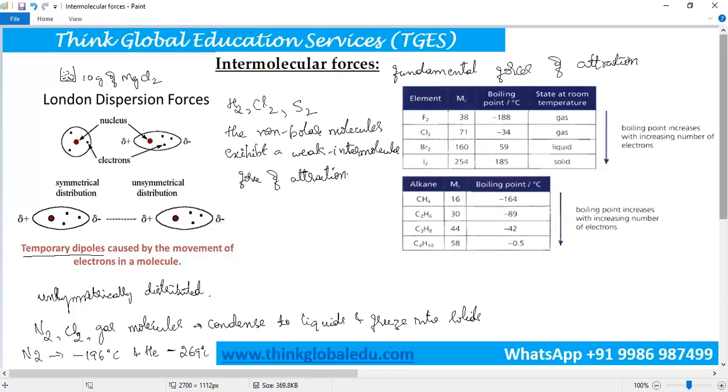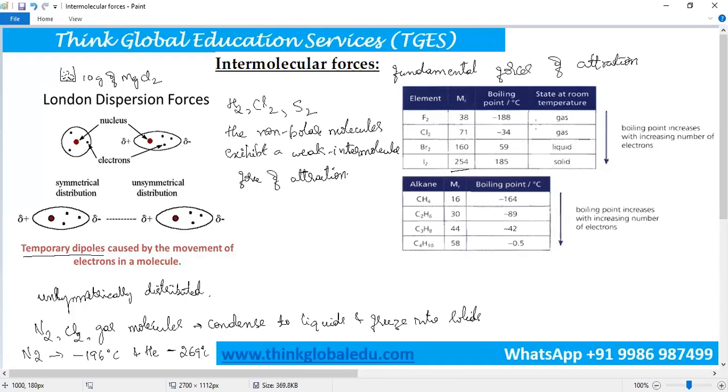As we can see in the table over here, London dispersion forces increase in molecules with an increase in the molecular mass or atomic weight, due to the increase in the number of electrons.